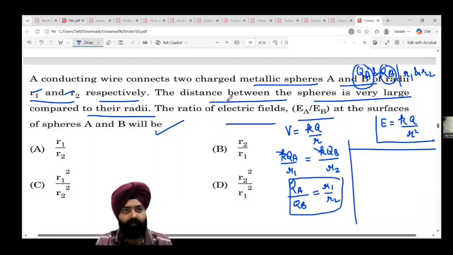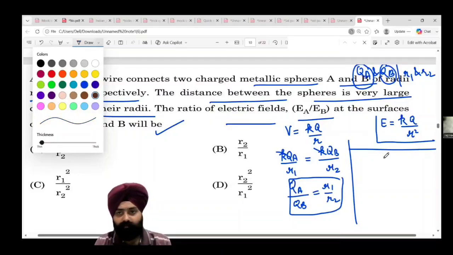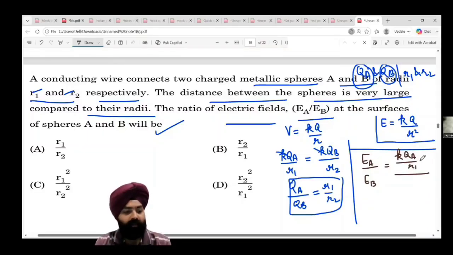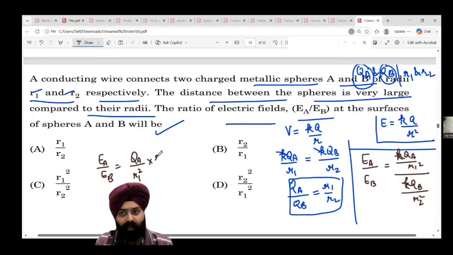Now look, we have to calculate the ratio of the electric field. K QA upon R1 square, okay? K QB upon R2 square, okay? K cancels out. So EA upon EB equals QA upon R1 square into R2 square upon QB, right?